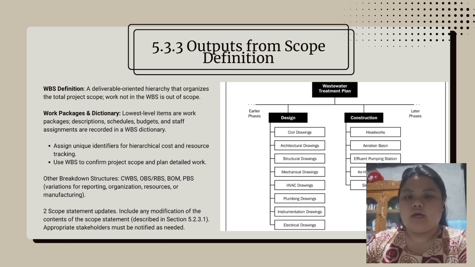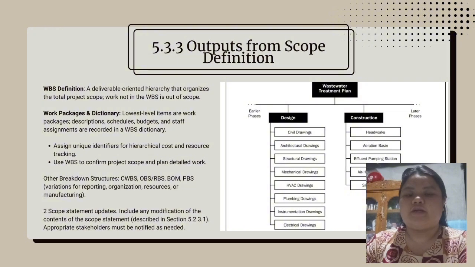Appropriate stakeholders must be notified as needed. This figure illustrates a work breakdown structure for a wastewater treatment plant project, where the project is divided into design and construction components.